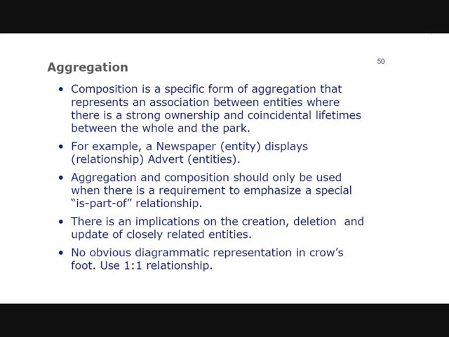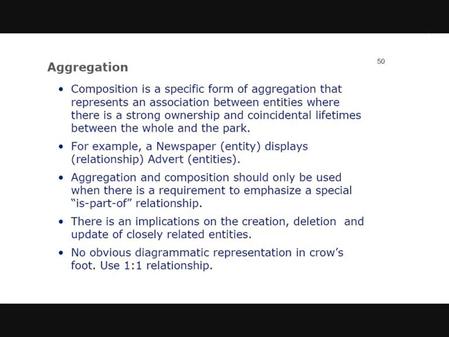And as I say, you only really need to think about them when you need to model the "is a part of" relationship instead of a more generic specialization and generalization relationship, and where there are implications of the creation, deletion, and update of the things that are closely related. So for the newspaper, the artworks may be closely related in terms of how you manage them, create them, update them, delete them. So you might want to, in that case, use aggregation.